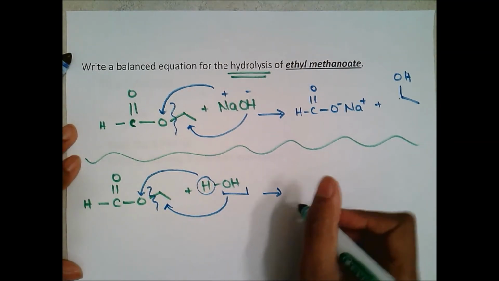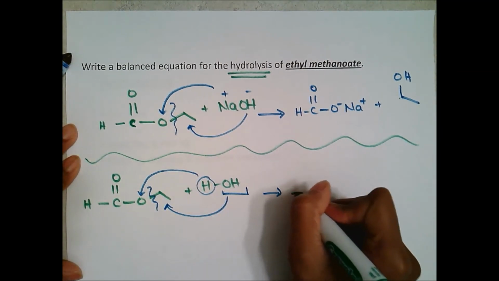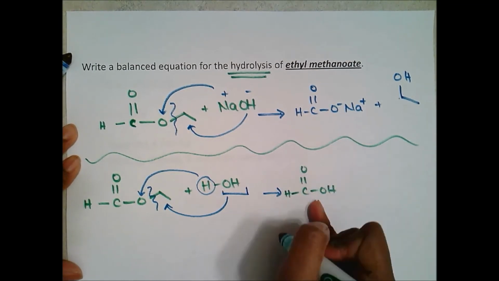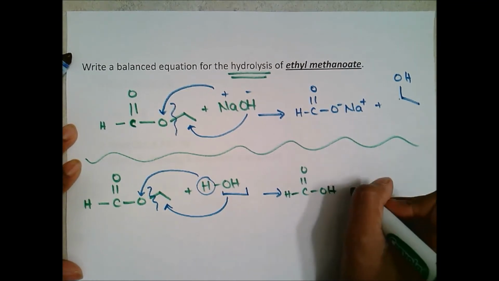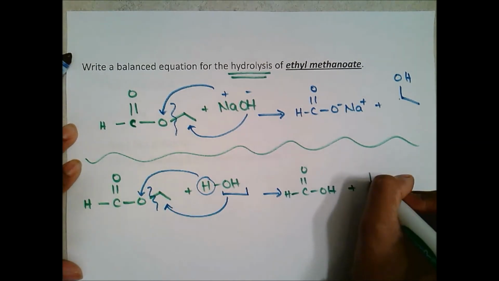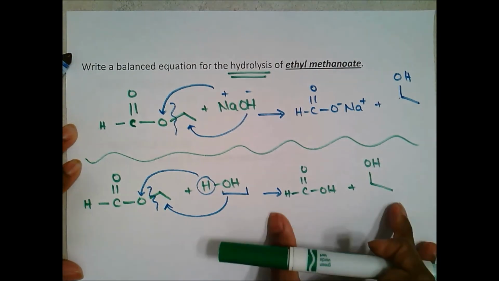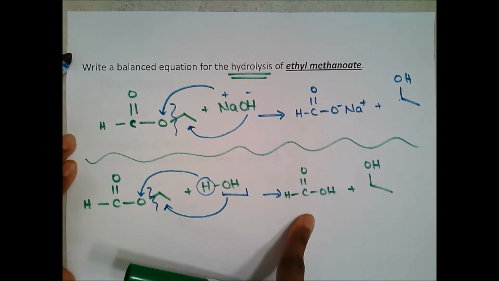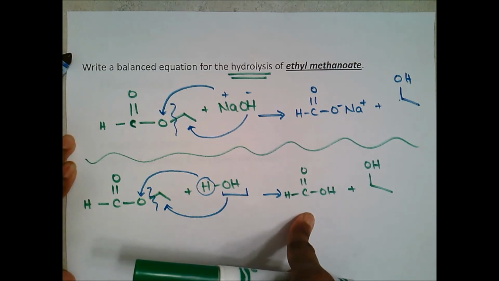So that's going to form, more specifically now, so you could see it, the carboxylic acid and the alcohol. So it's ethyl, and so same products. This is the salt, sodium salt. This more specifically is the carboxylic acid.